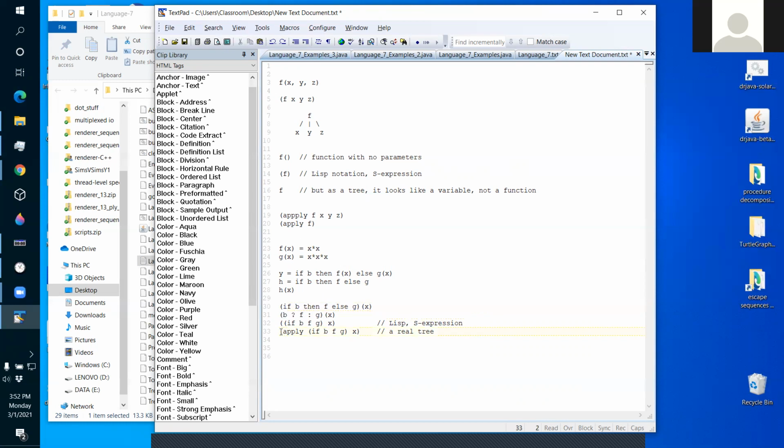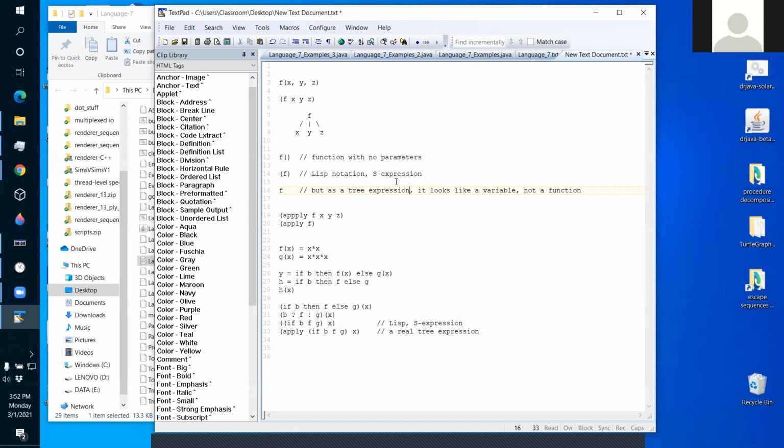In our language, it looks like this. But that's what we need the apply for. Without the apply, we'd have this syntax, which is valid Lisp. But it's what's called an S expression, not a tree expression. So we want tree expressions. S expressions are just one step more complicated than tree expressions.